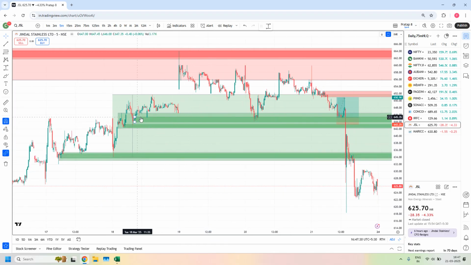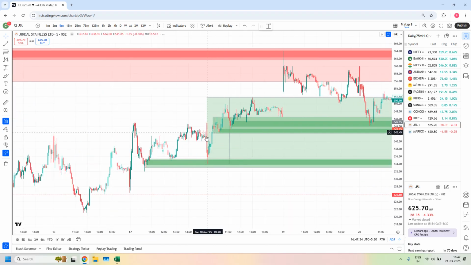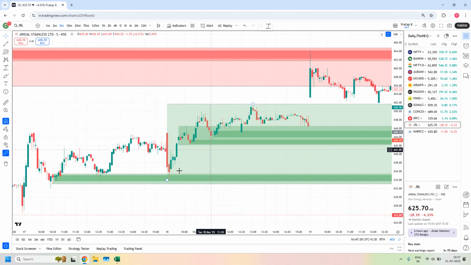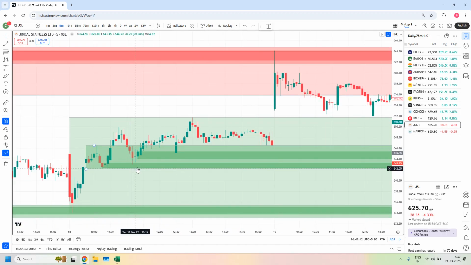Because now I directly went to the fine-tuned 5-minute zones. What I showed you yesterday, the same thing. See, we have two fine-tuned zones. One is the lower time frame horizon. This is the first fine-tuned zone, already a tested zone, so we couldn't plan a trade yesterday.